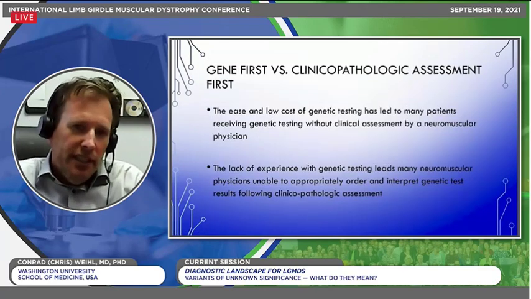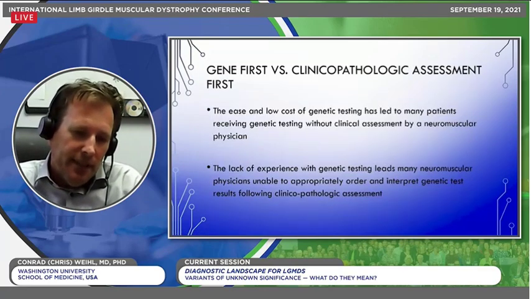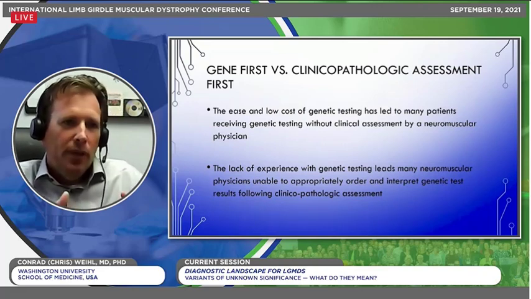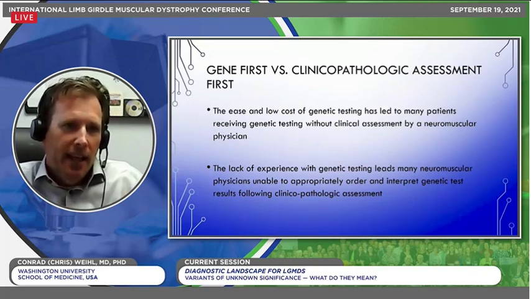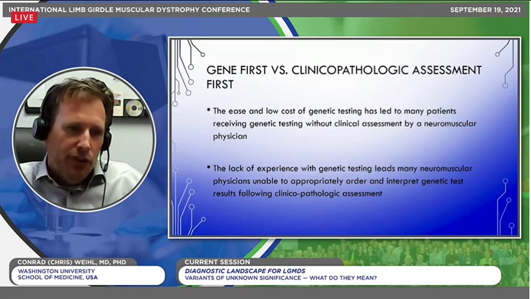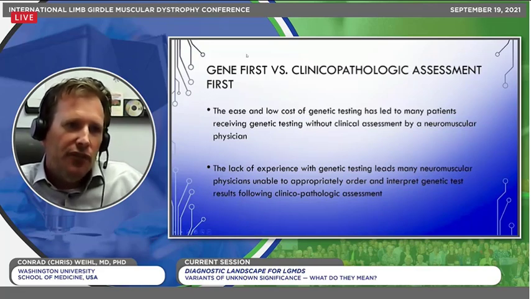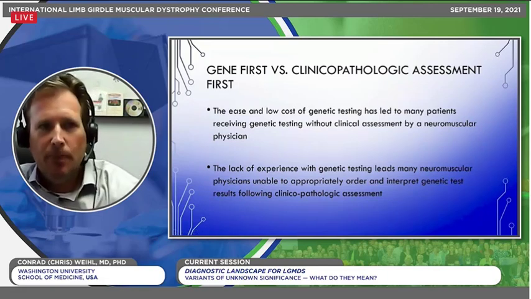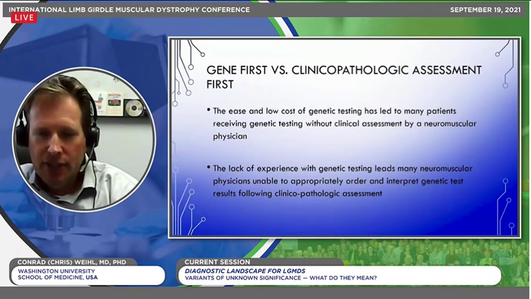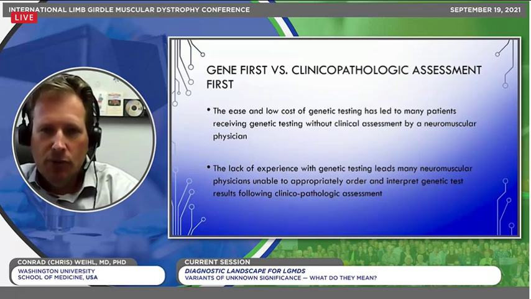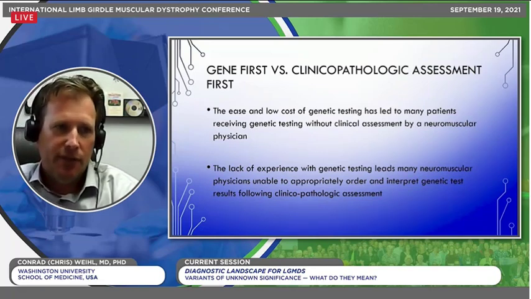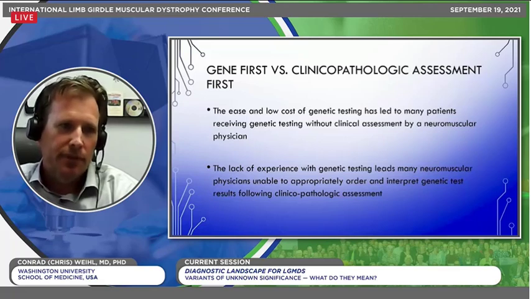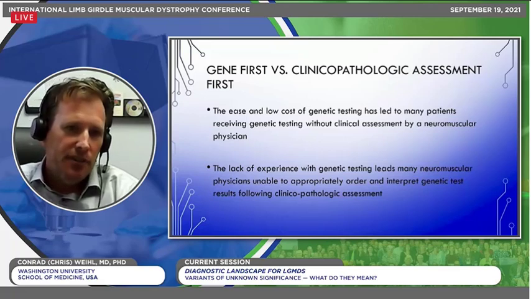And so this leads to kind of a detour in how we could do genetic testing. And I think of two different approaches. There's a gene first approach, where we do the genetic testing first, and then there's clinical pathologic assessment. So see the patient, do a history, do laboratory studies, and do that first. And we're going to give both examples, but there are advantages to both.